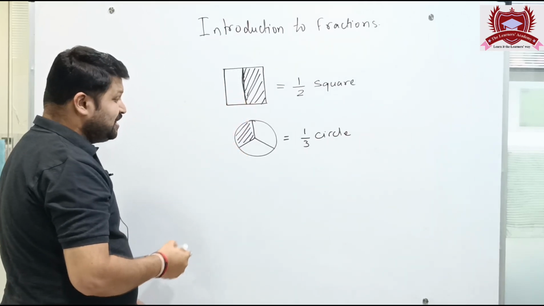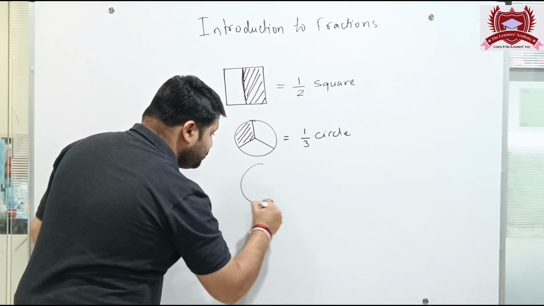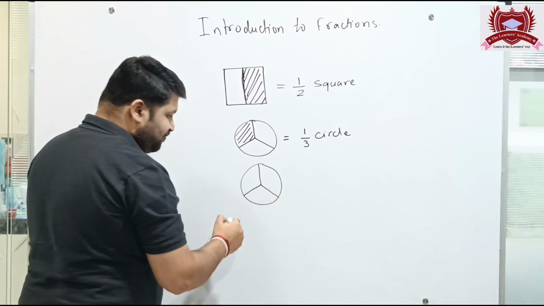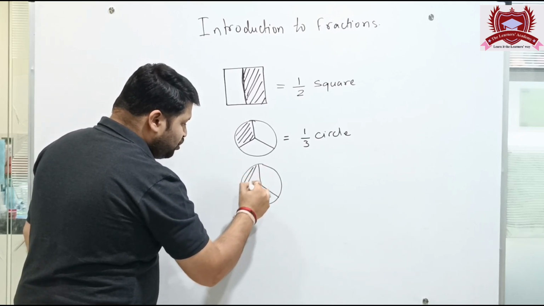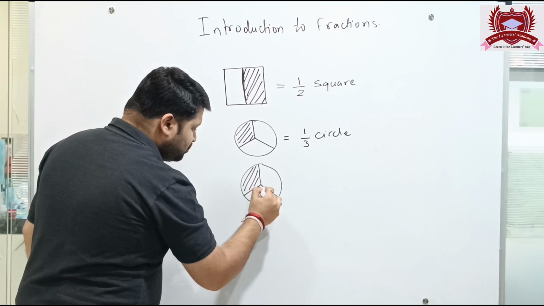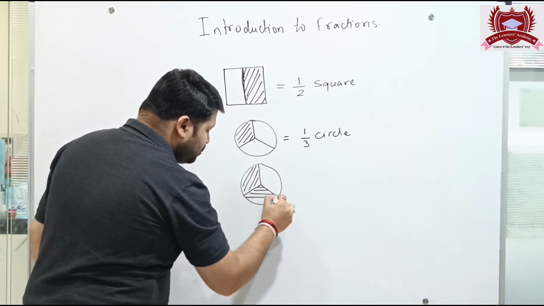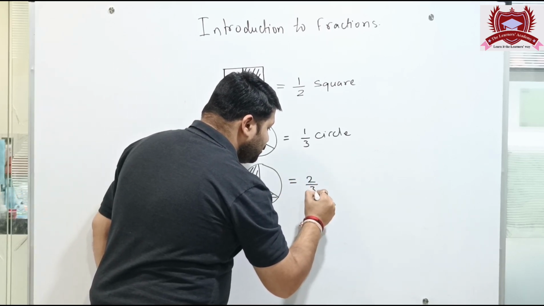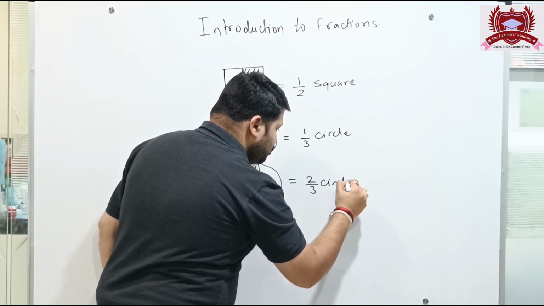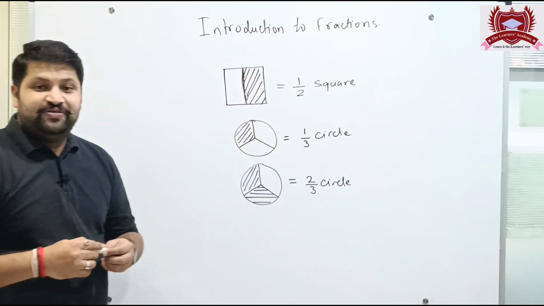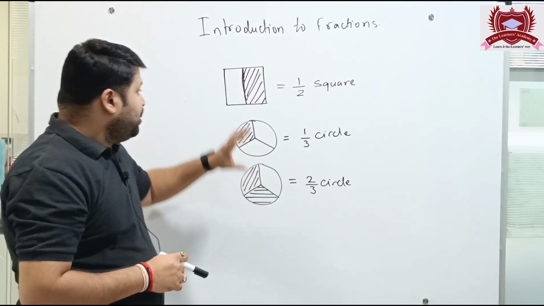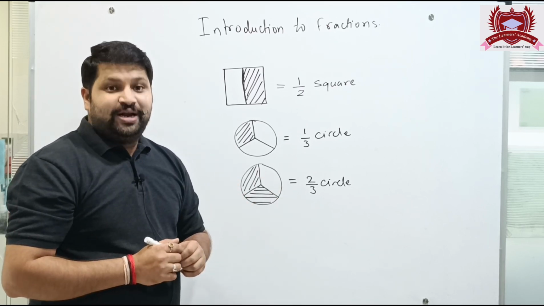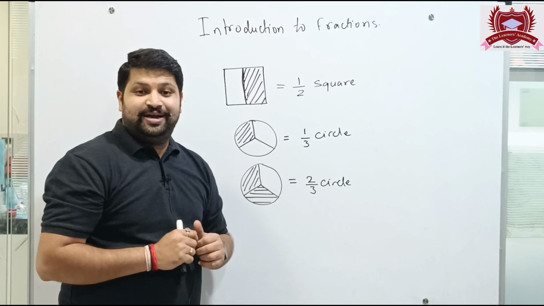If the same circle is divided into 3 equal parts, however, this time I color 2 of these parts, then I can say it is 2/3 of the circle. So if I have a whole of something and I break it into parts, what I get is a fraction of the whole that I had.